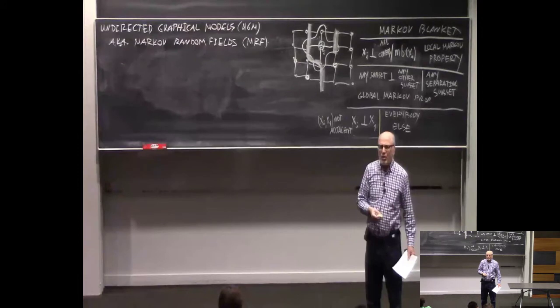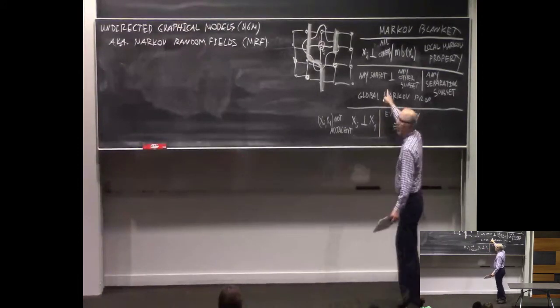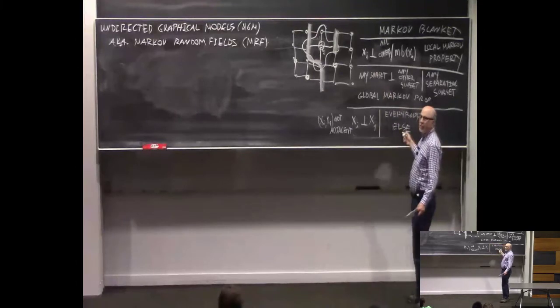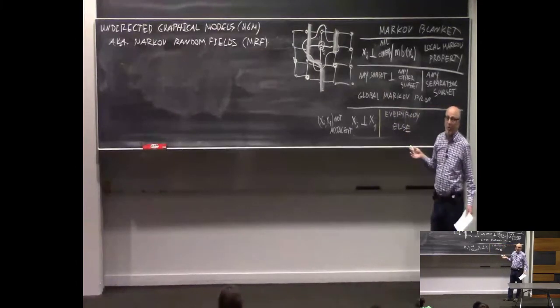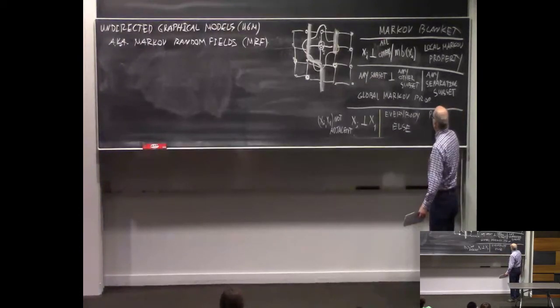This is kind of trivial because it's trivially derived from the global property, because if you fix the value of everything else, you're basically creating a separation between the two. So it's very easy. This is called the pairwise Markov property.